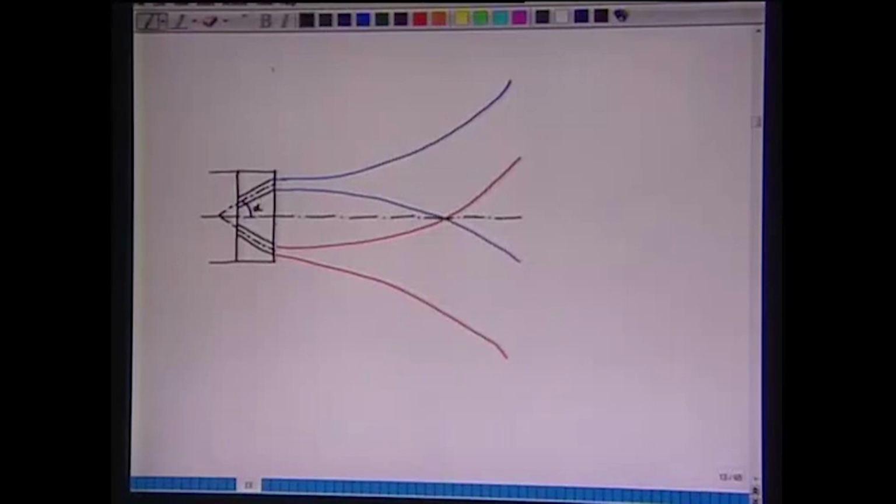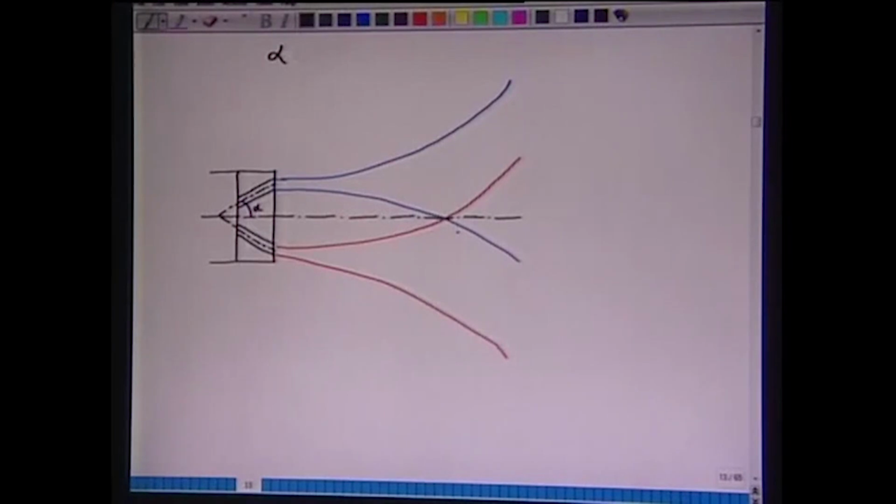Now, if I increase the angle, then obviously the jet coalescence will be delayed. No doubt the jets will coalesce also, but they will coalesce after a very long downstream distance. In this figure, I have taken alpha such that the jets issued from each nozzle coalesce at a higher distance downstream of the nozzle.